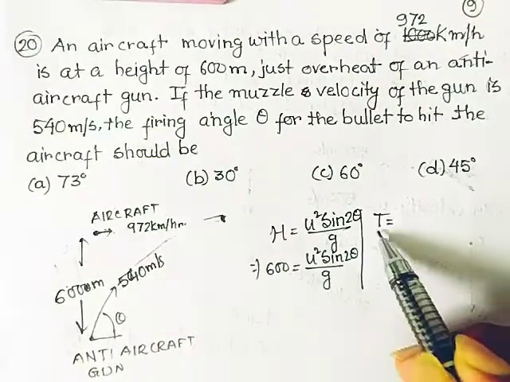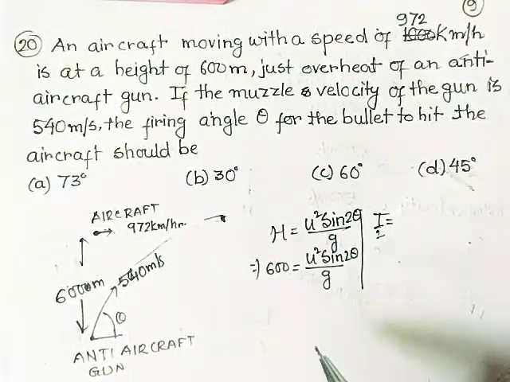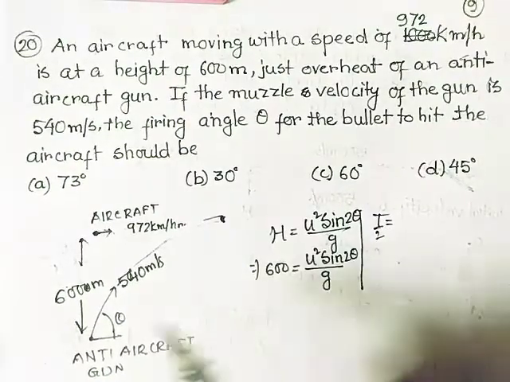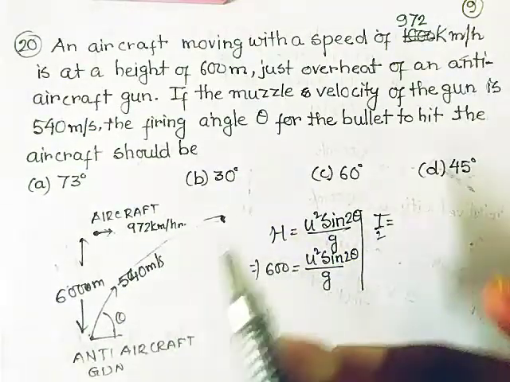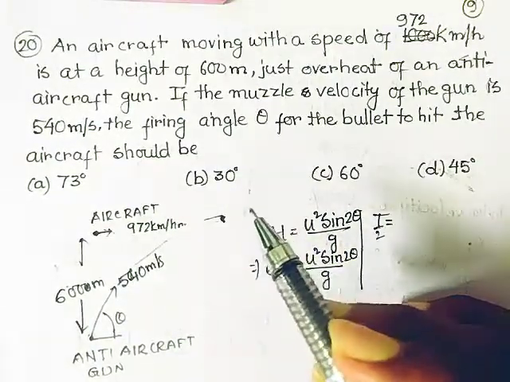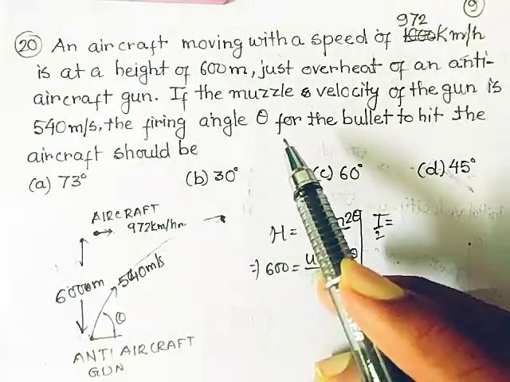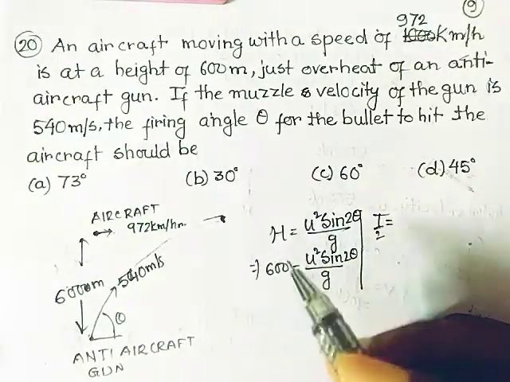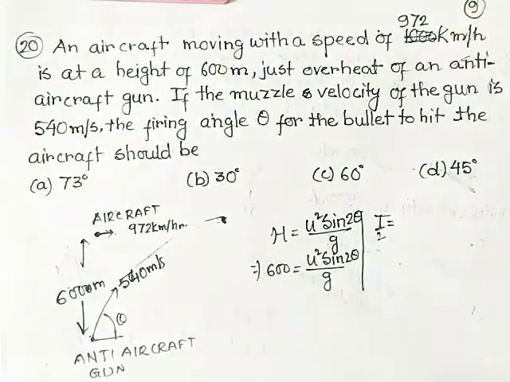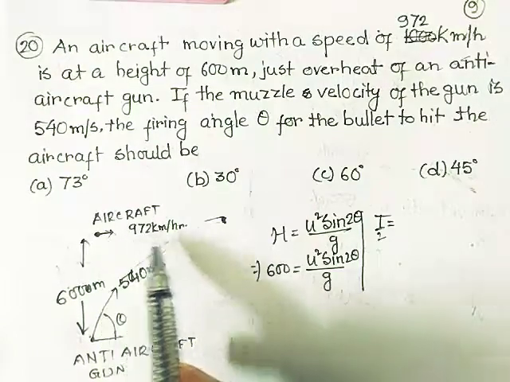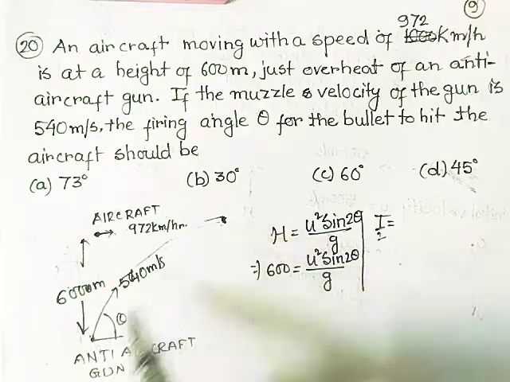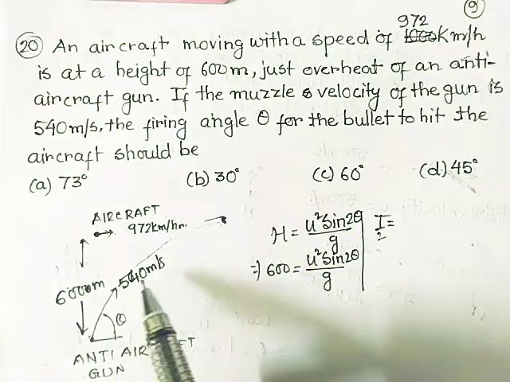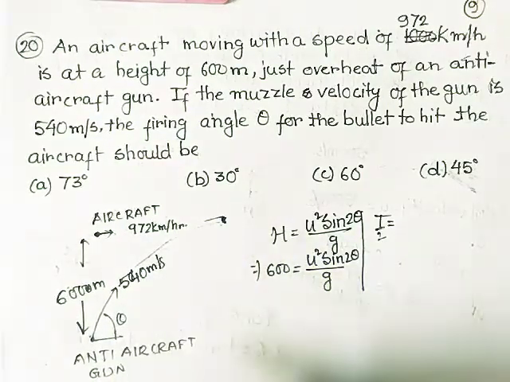But that is a particular case. It may be thrown at some angle, whatever it be, because this condition is not given here. So we can take the time taken by it as small t, from the firing of the anti-aircraft gun to reach here, the time taken is t.